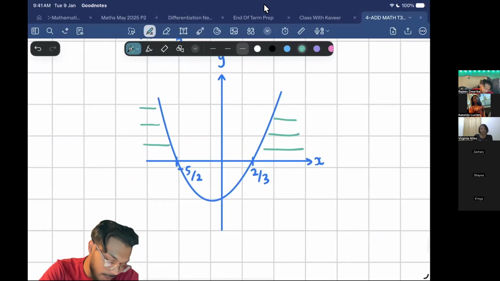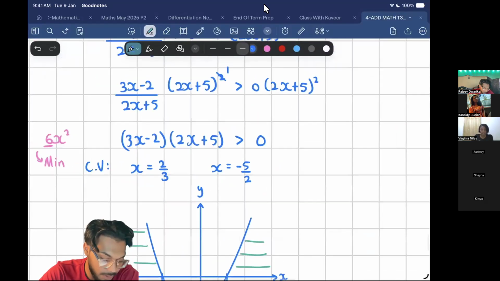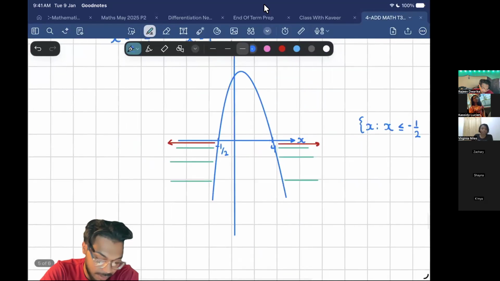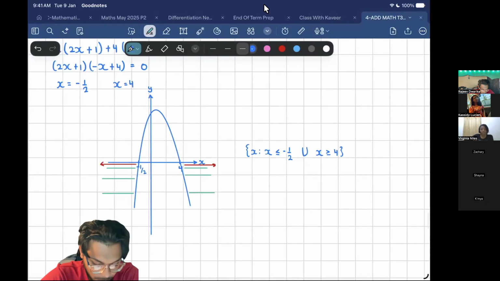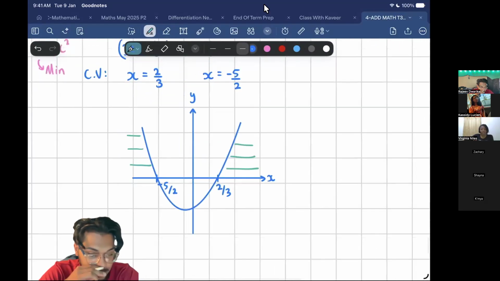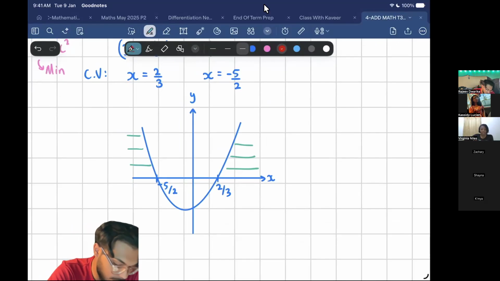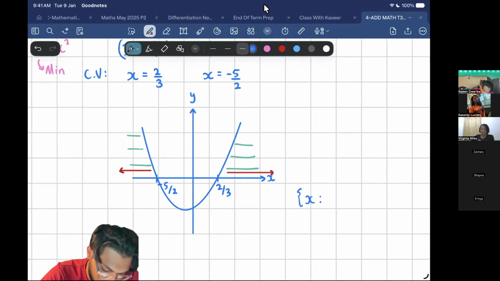So if this is the case, would anybody like to tell me the answer in set builder notation? If you're confused about the set builder notation, this is what I mean by it. So what would the answer be in set builder notation? X such that X is less than -5/2 and more than 2/3.